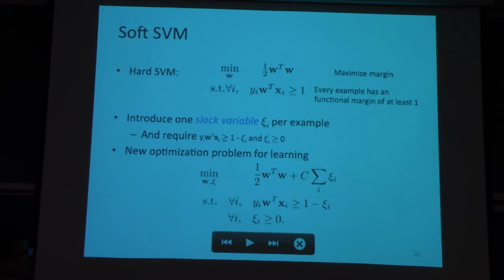On the other hand, if C is very big, close to infinity, then the first term doesn't matter anymore. So we don't care about any generalization. Remember, large margin from the first term means generalization. So if C is big, we only care about this particular training data set.